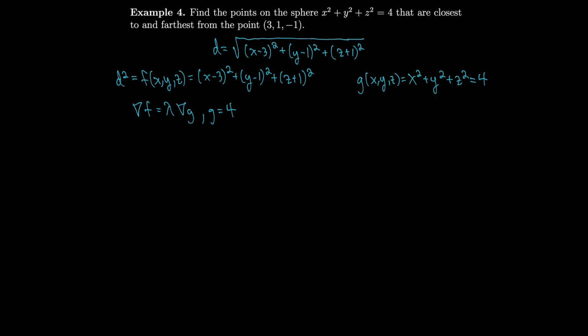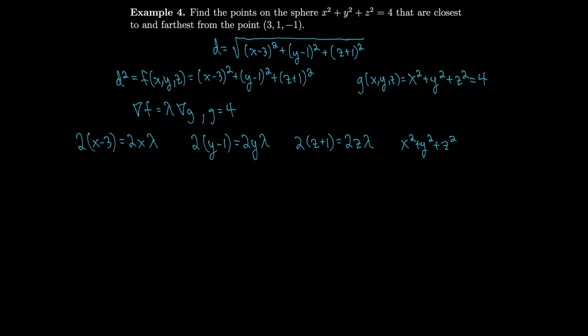So for my first equation, I'll take the partial with respect to x of f, that's 2 times (x minus 3), and that'll be 2x for the partial of g times lambda. Similarly for y, I get 2 times (y minus 1) must be 2y times lambda, and then 2 times (z plus 1) must be 2z times lambda, and I still have my constraint x squared plus y squared plus z squared equals 4.